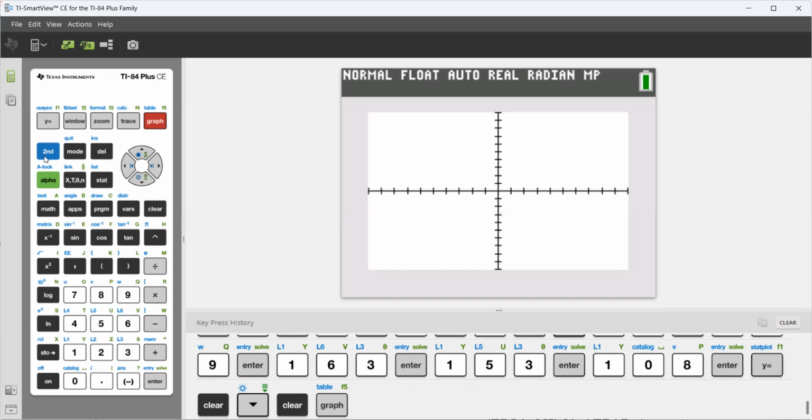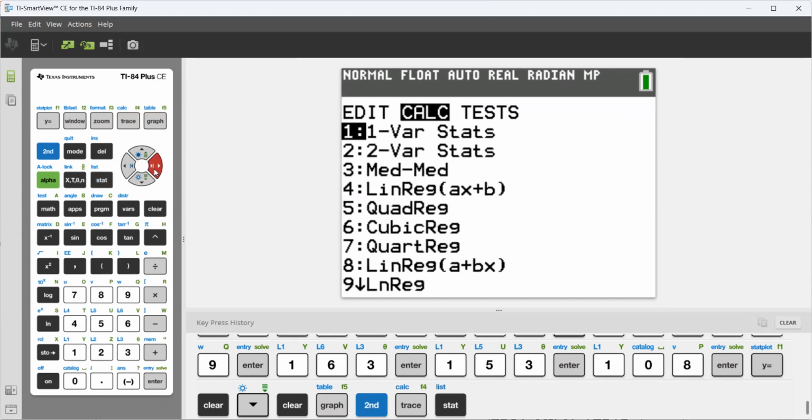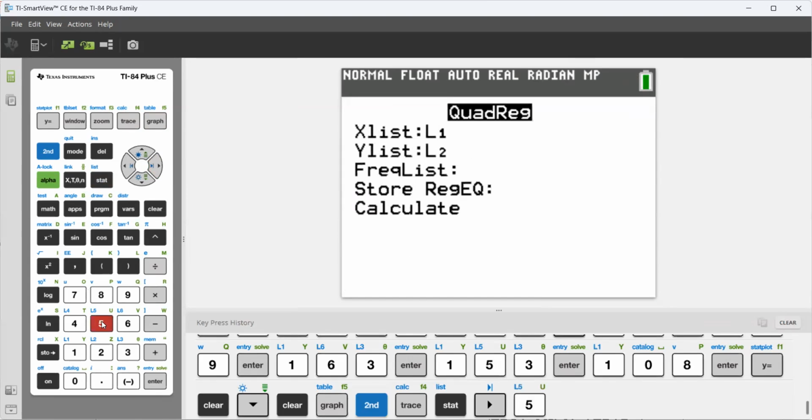So I'm going to do second, calc, and then I go to stats, sorry, calc, 5, and then L1 is for X, L2 is for Y. So I'm going to say store this equation in Y1.